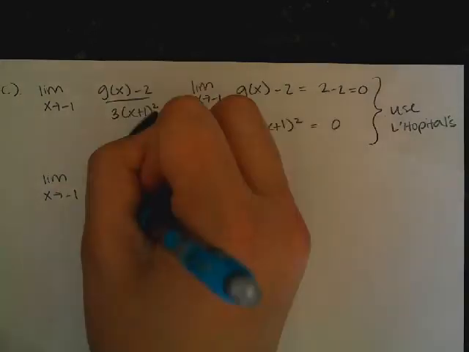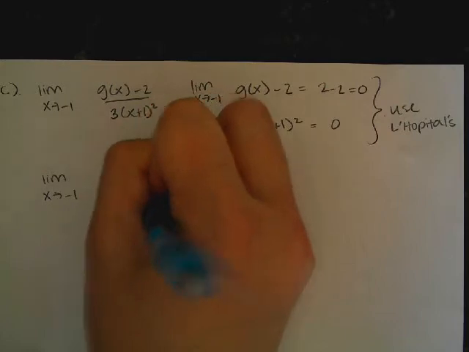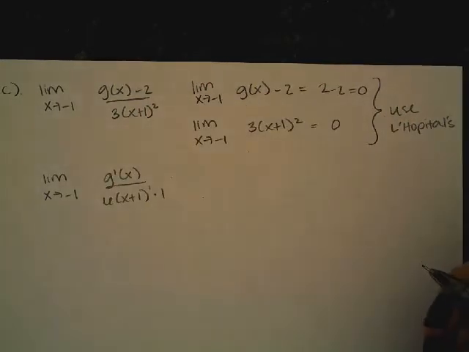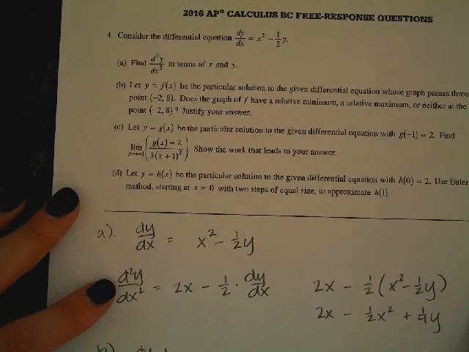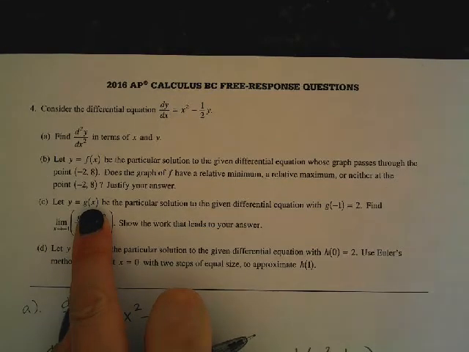x divided by 6 times (x plus 1) to the first power times 1. All right, and then let me go back over here. So it says that g of x is the solution to the given differential equation.